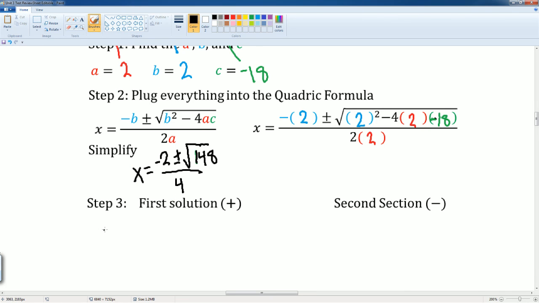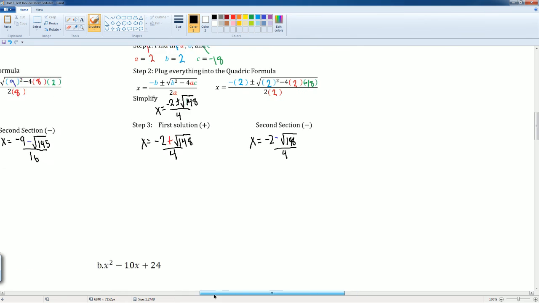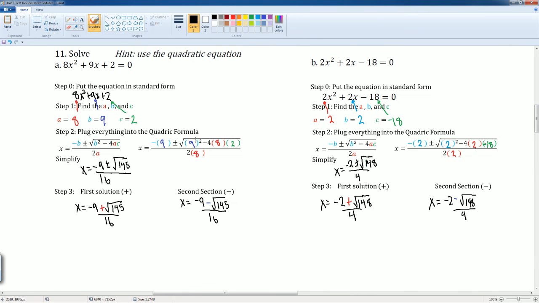We can now write this x is equal to negative 2 plus the square root of 148 divided by 4. And the second solution would be negative 2 minus the square root of 148 divided by 4. There you go. That is how you solve using the quadratic equation.